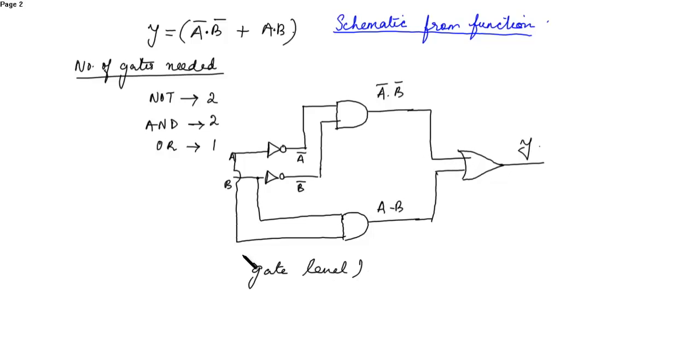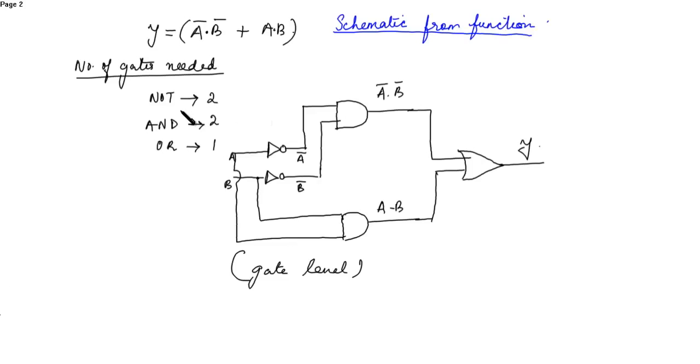So now let's see at the transistor level. For implementing two NOT gates, we need two PMOS and two NMOS. For implementing two AND gates, we need 4 PMOS and 4 NMOS.